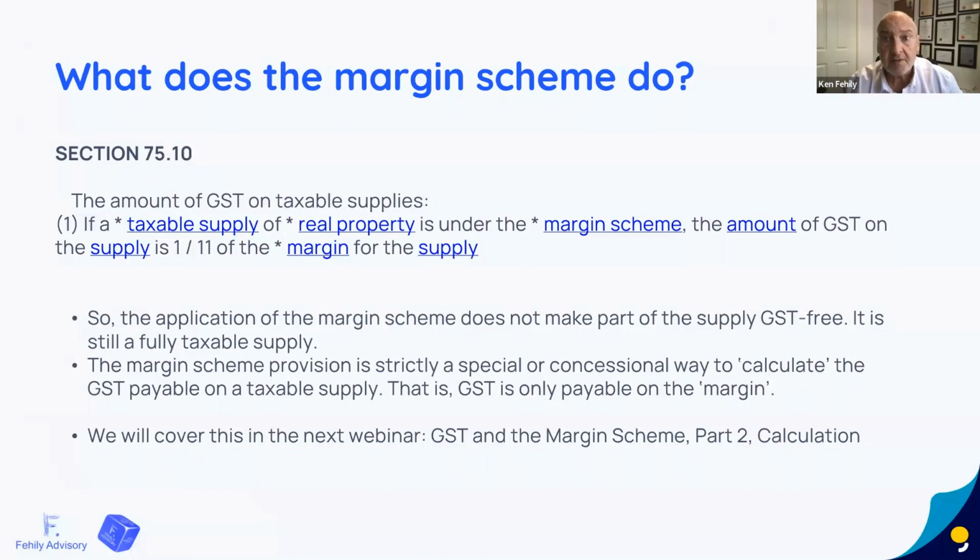All the margin scheme does is change the amount of GST payable on the entire property. The entire property is taxable, but the margin scheme is a special way to work out the amount of GST payable on that entire supply, which is entirely taxable. Keep this in mind. The whole thing is a totally taxable supply, but the amount of GST is not calculated the normal way.